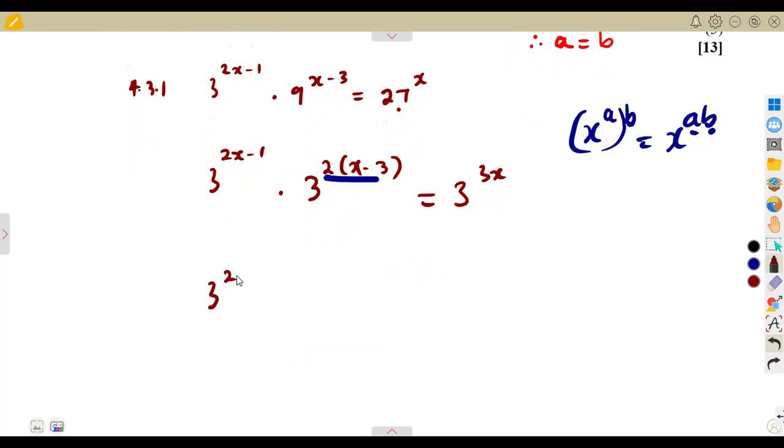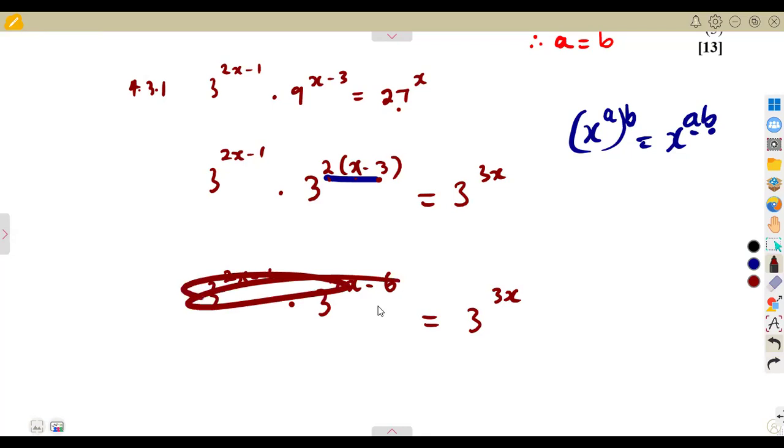That's 3 to the exponent of 2x minus 1 times 3 to the exponent of 2 times x, which is 2x. 2 times minus 3, that is minus 6. This is equal to 3 to the exponent of 3x, sorry.